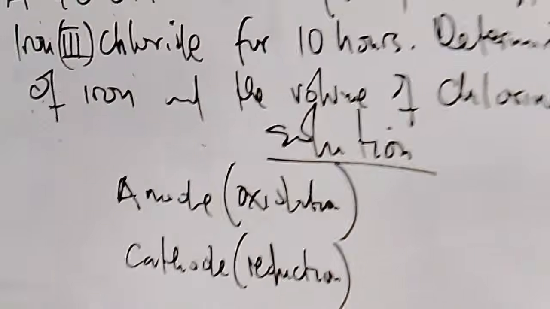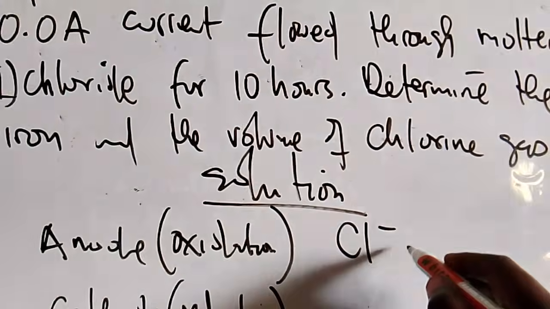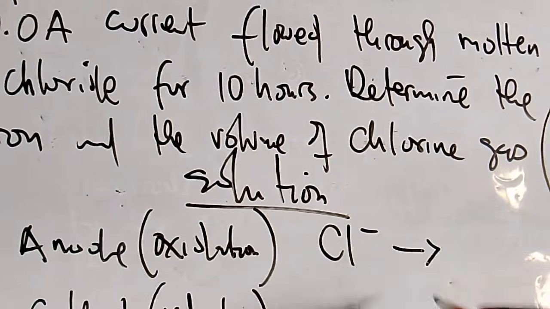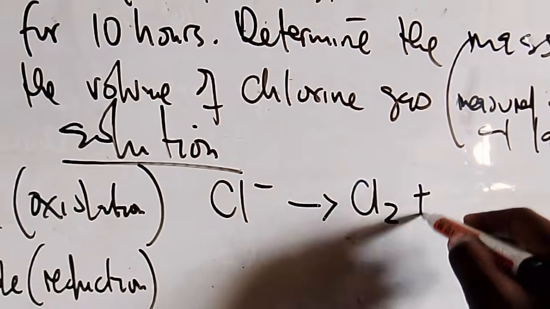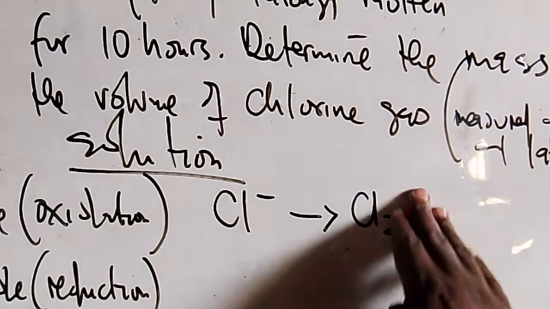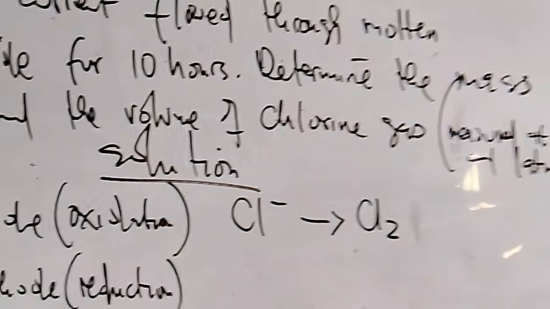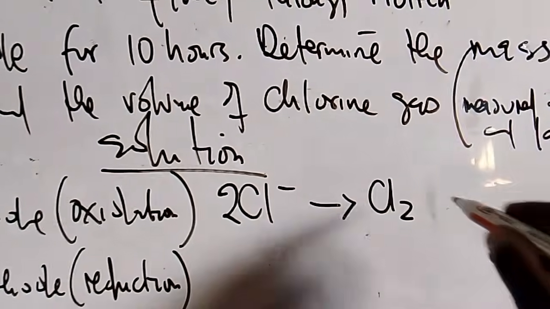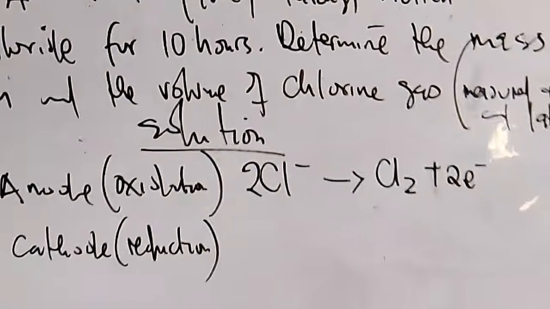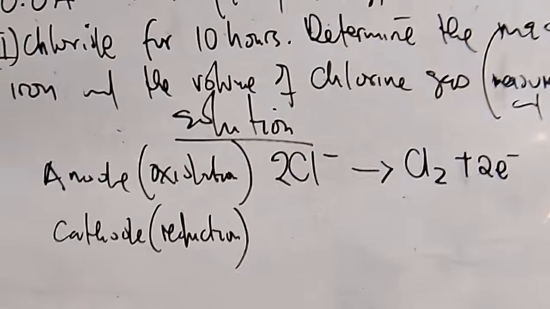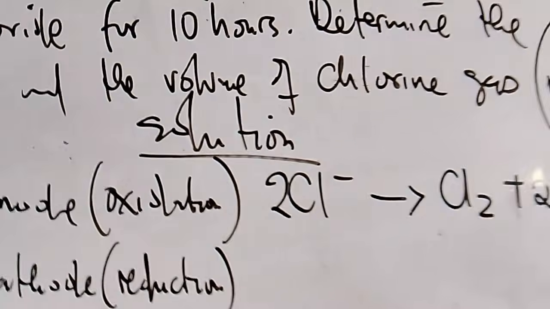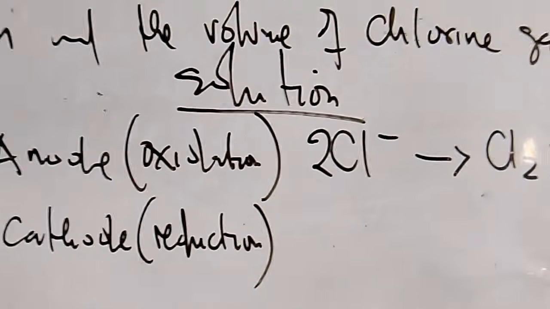So chloride will form chlorine gas. This is oxidation taking place. Put a 2 there, then plus 2 electrons. So it's balanced. You can see the increase in oxidation number from -1 to 0.